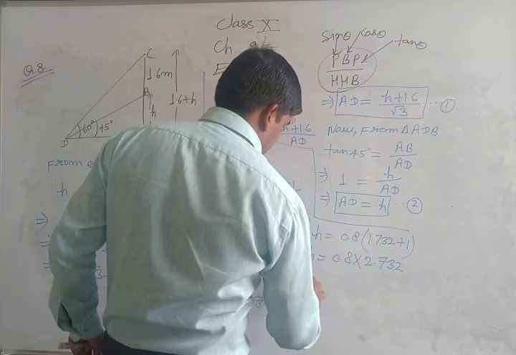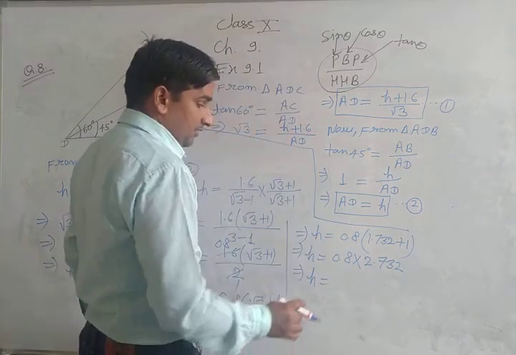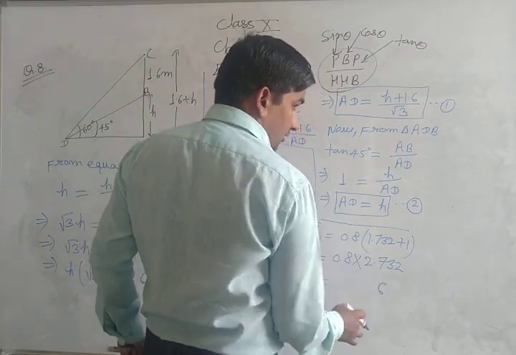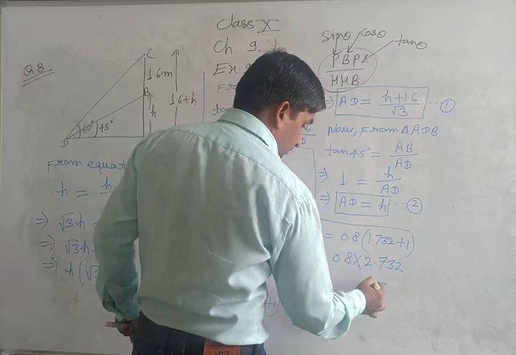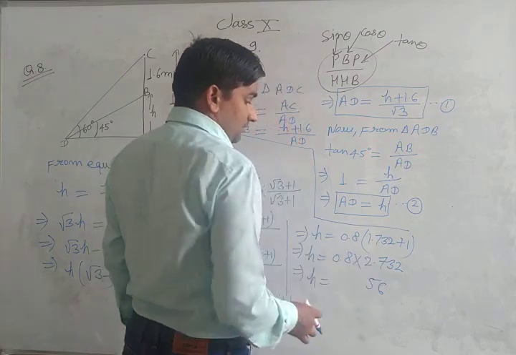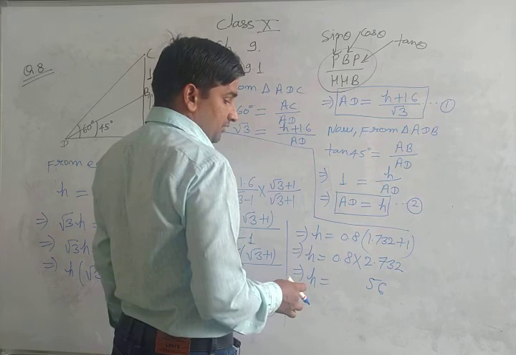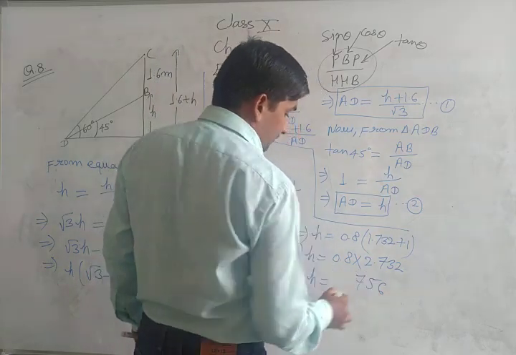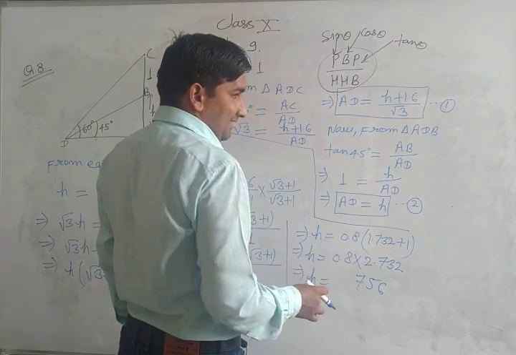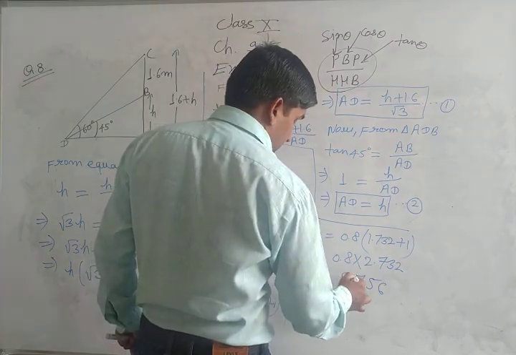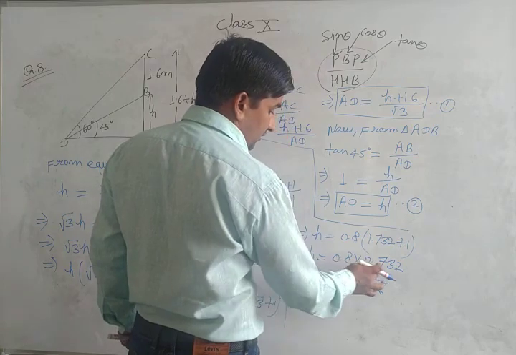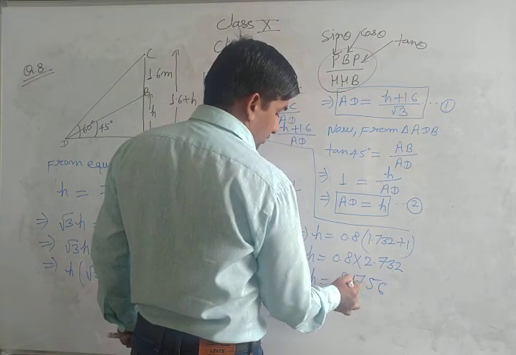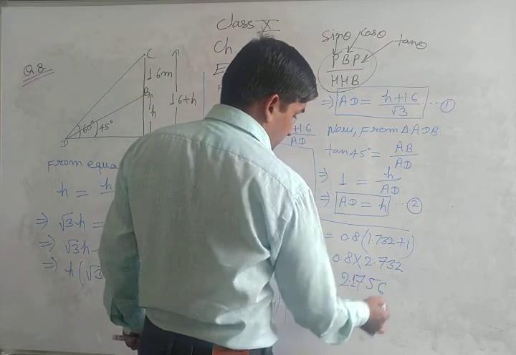h equals 0.8 multiply 2.732. Multiply: 8 twos are 16, 8 threes are 24, 24 plus 1 is 25, 8 sevens are 56, 56 plus 2 is 58, 8 twos are 16, 16 plus 5 is 21. Now we put the point after 1, 2, 3, 4 digits, 2.1856 meter.